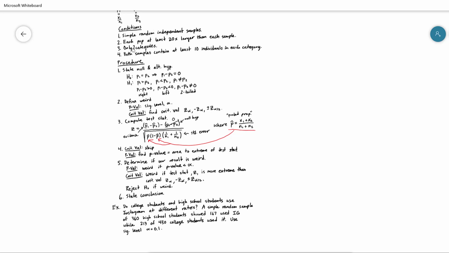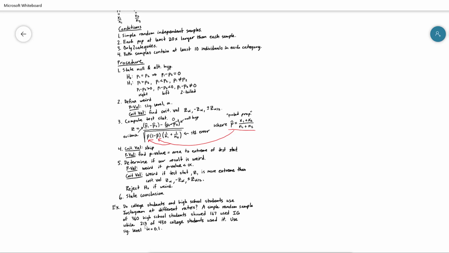We've only got two categories. Basically, in our sample, we're asking them, do you use Instagram or not? So the two categories are yes and no answers to that, essentially. It's a yes or no type question. And lastly, do both samples contain at least 10 individuals in each category? Well, the first one was 167 did use Instagram out of the 360. That leaves almost 200 people that didn't.